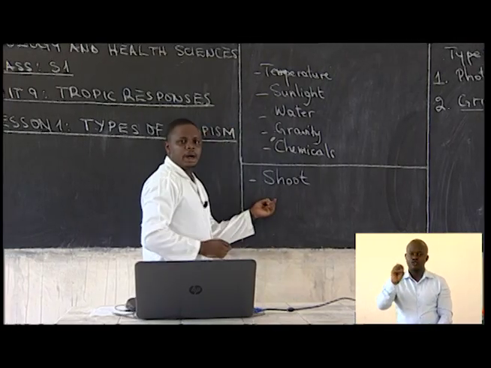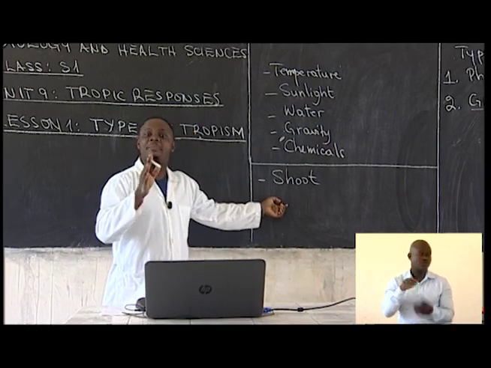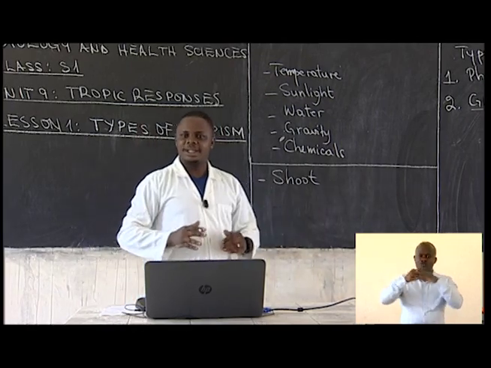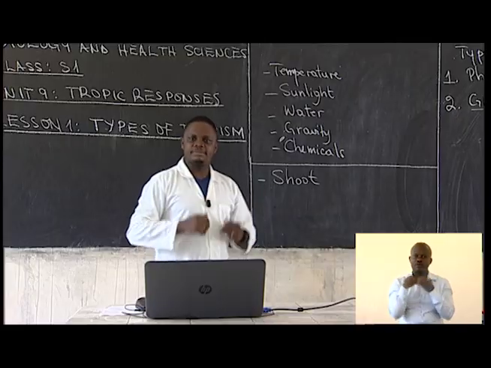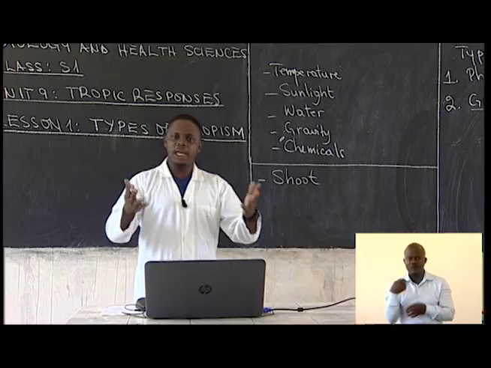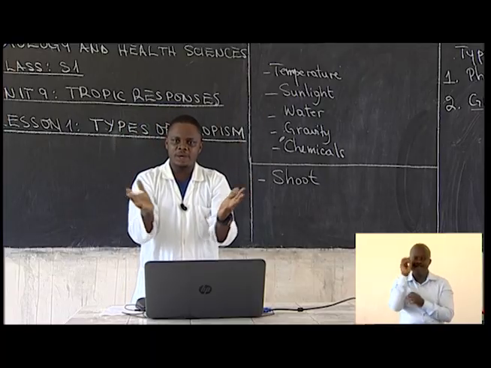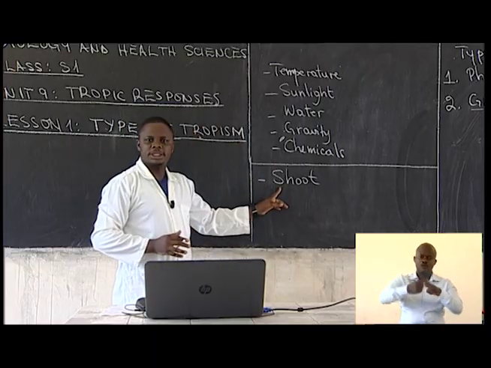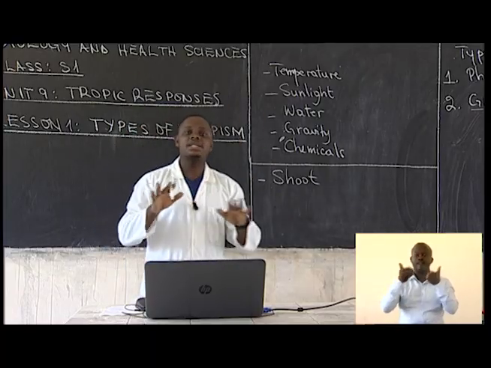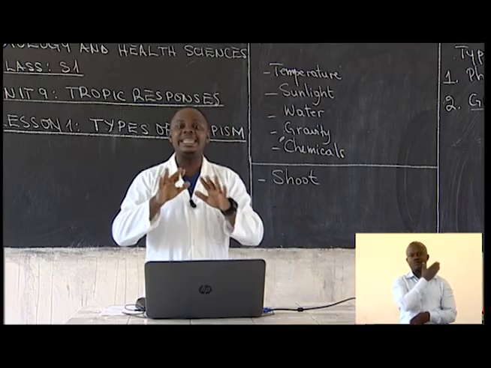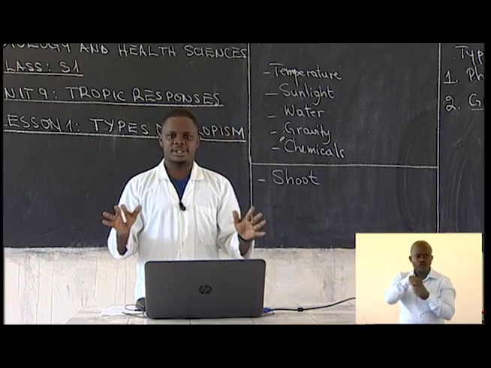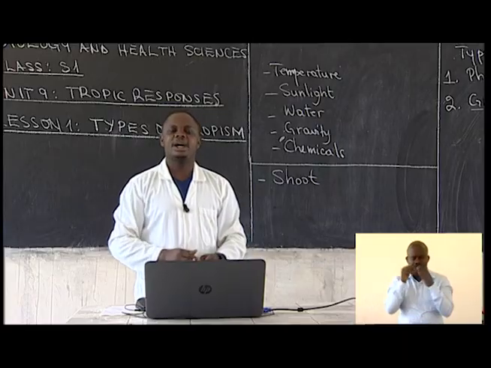When we talk about shoot, we mean upper parts of the plant. We talk about the stem, we talk about leaves, we also talk about flowers. Those parts make what we call shoot. And here we don't include roots because they are underground.